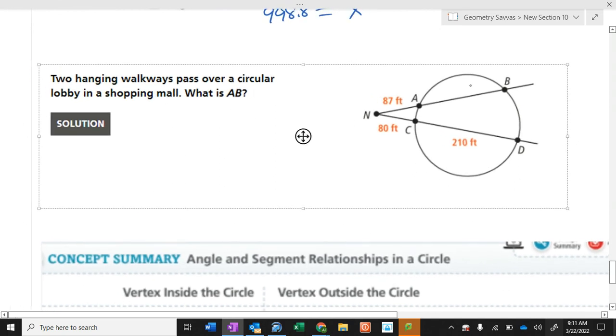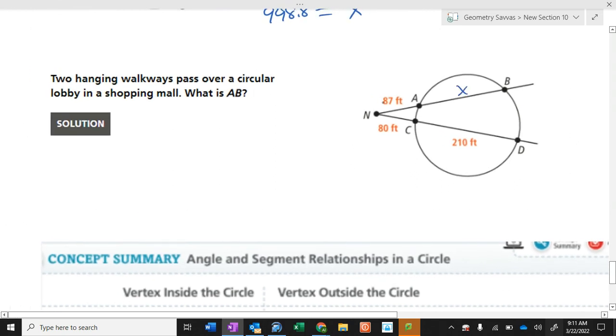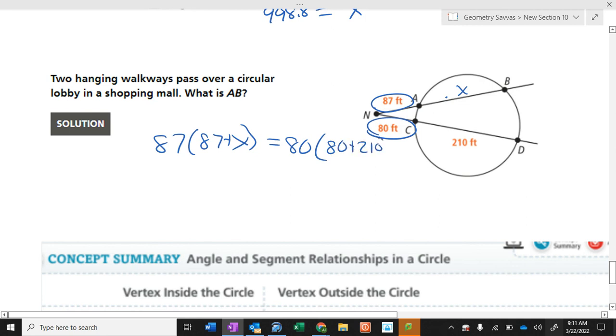Okay. To figure out this one, the outside times the whole thing, 87 times 87 plus x equals the outside 80 times the whole thing, 80 plus 210. So 80 times 290 over here, and 87 times 87.